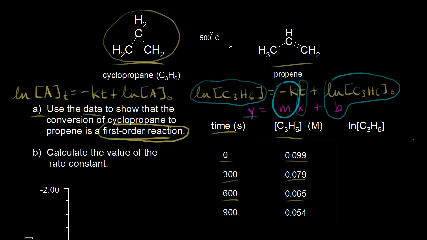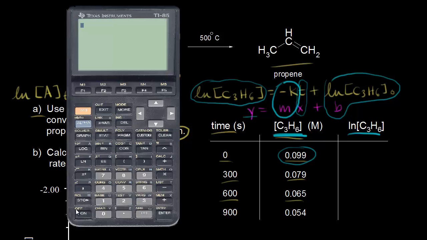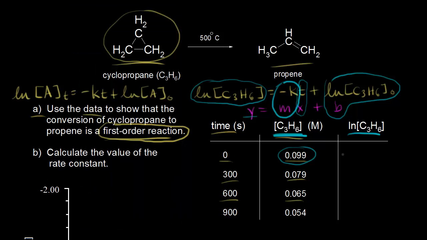If we're going to graph that, we need to figure out the natural log of the concentration of cyclopropane. Right now we have only the concentration, so we need to take the natural log of all these numbers before we graph. The natural log of 0.099 gives us negative 2.31, so we put negative 2.31 here.